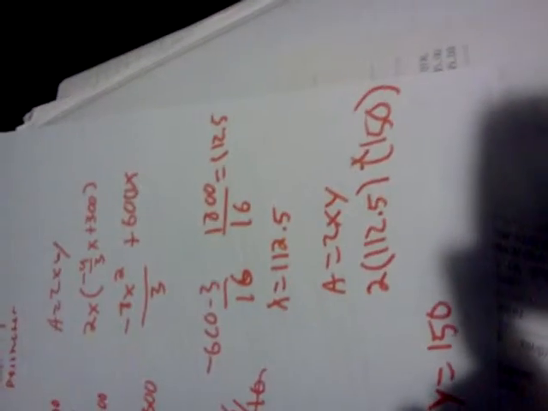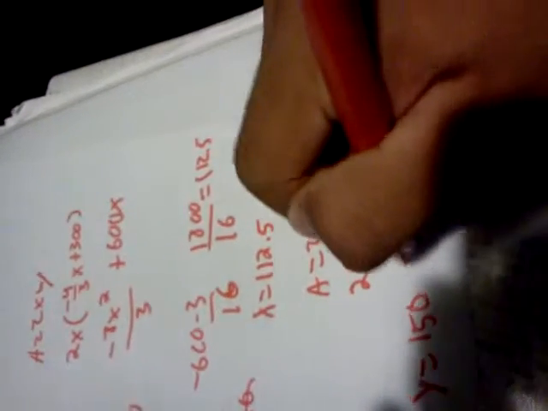And when you multiply those out, we find that our maximum area is 33,750 feet squared. And that is how you solve this equation.